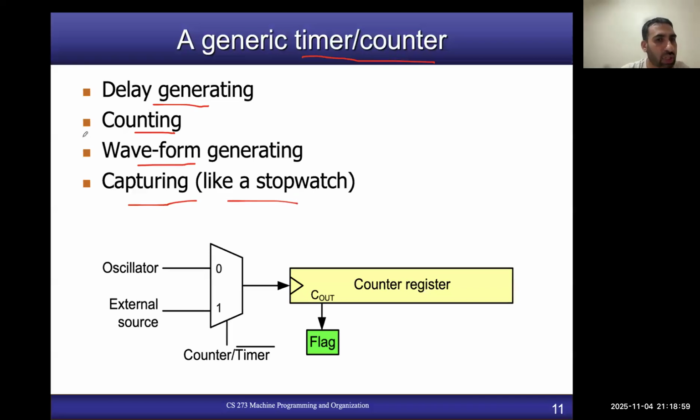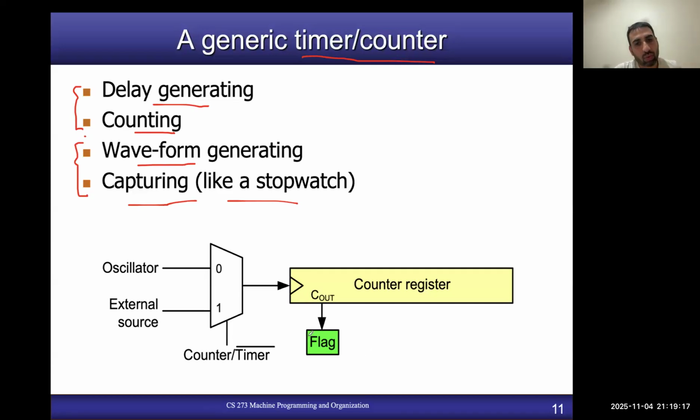In this lecture, we are going to cover these two components, delay generation and counting, and we will see if we have time to talk about waveform generation and capturing later on. But first, we will focus only on the first two parts, delay generation and counting.